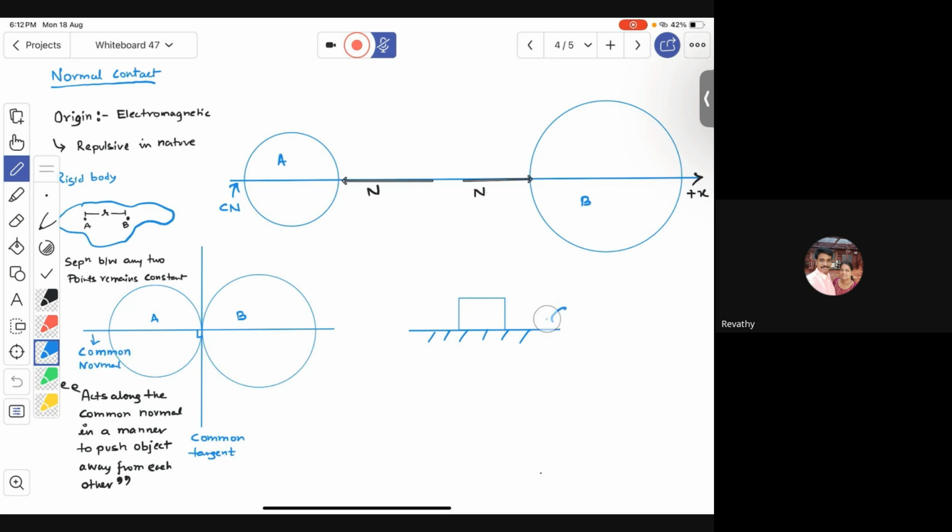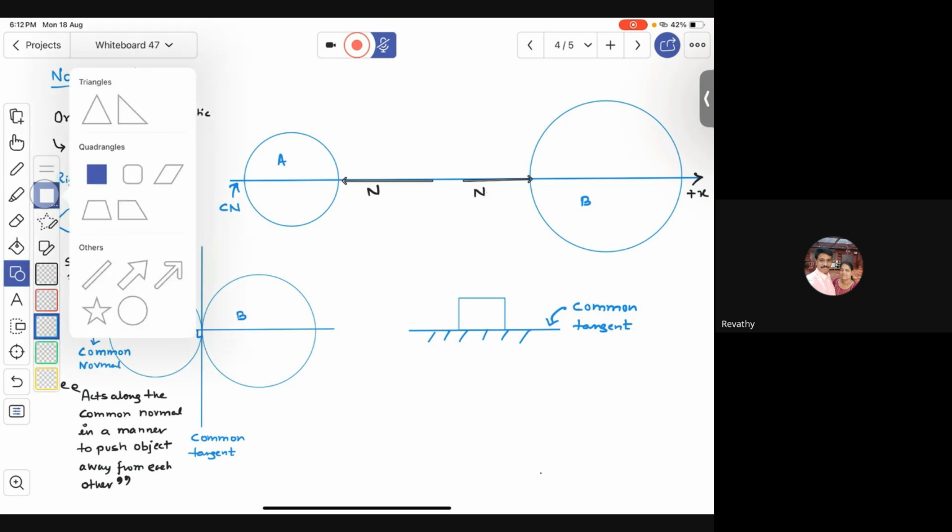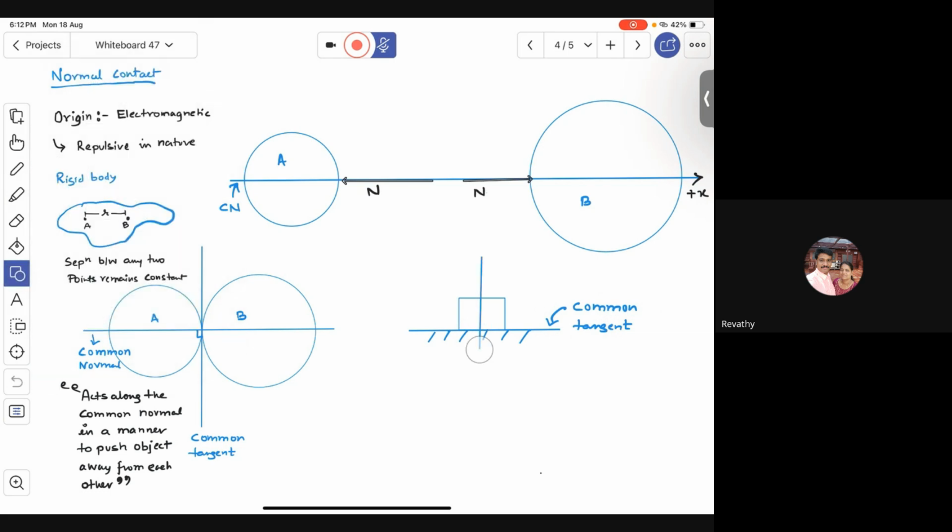Wherever they are in contact, if I draw a tangent, the common tangent is the flat surface itself. That's why I always try to draw the common tangent. Sometimes drawing it will be of some use, you will see. Then whatever is perpendicular to that common tangent is our common normal. So the normal contact force will be acting along it.